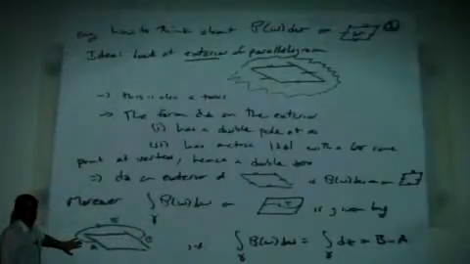And this has the advantage that if I want to understand periods of P of W dW, maybe I have some cycle gamma in this W parallelogram, and I want to know the integral of P of W dW along it. Well, I know that to be some other cycle on the exterior, but P of W dW is dz on the exterior of this parallelogram, and I know how to integrate dz. It's just a difference in the endpoints.